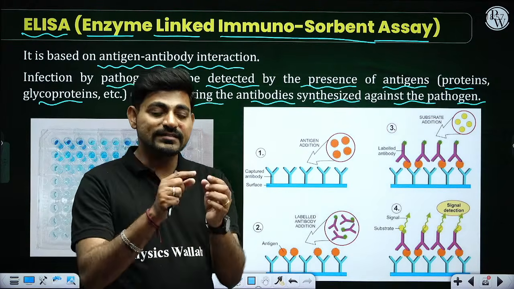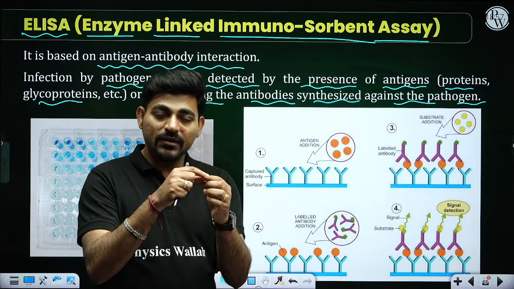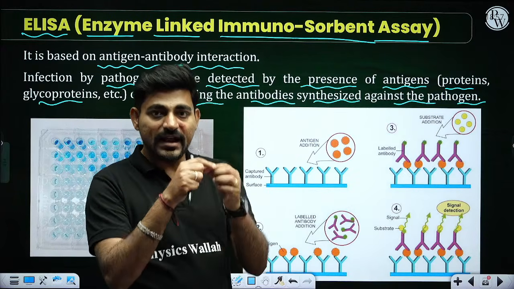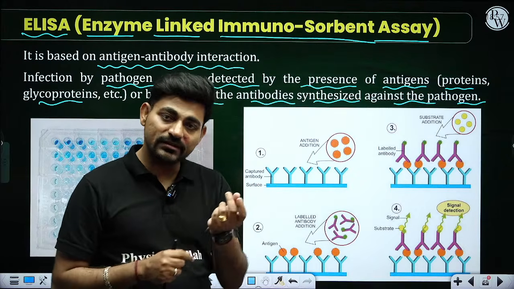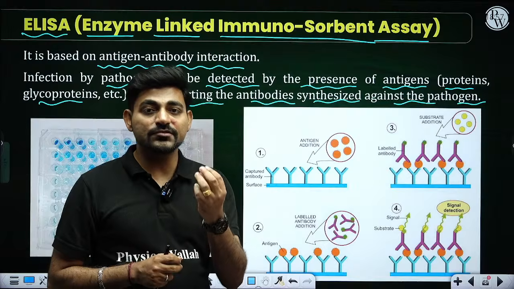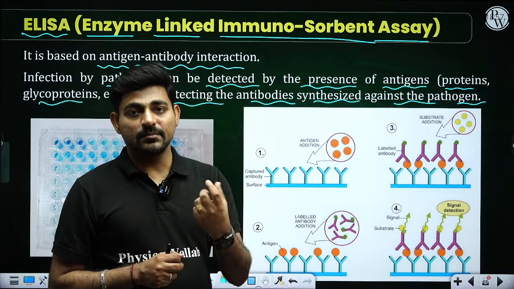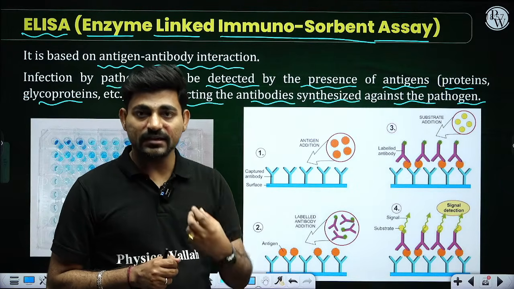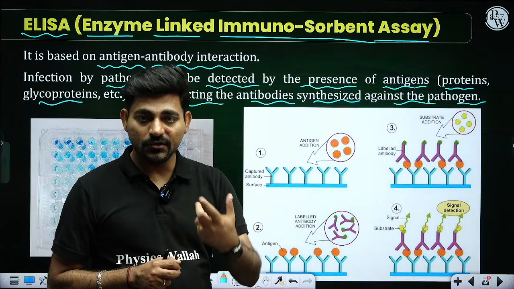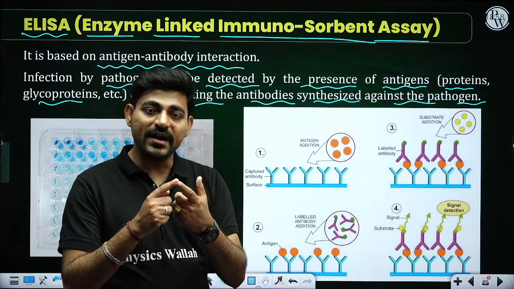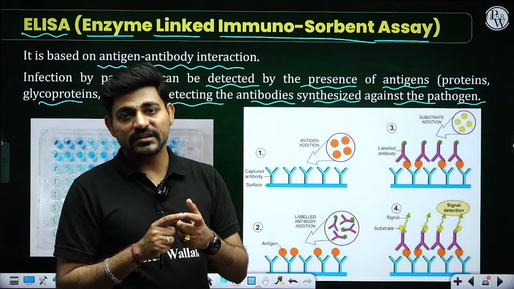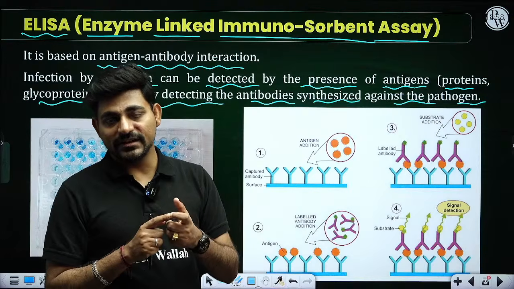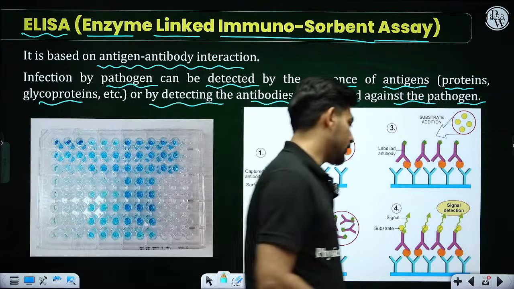When those enzyme labeled antibodies bind with the specific antigens, and you have some chromogenic substrate present in that vial, they will produce a special color. By observing the formation of color, the color formation denotes antigen is binding successfully with antibodies. That means presence of a disease causing element in your body fluid.